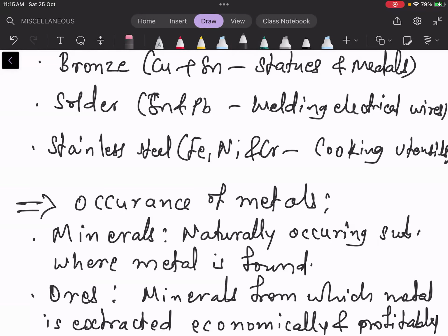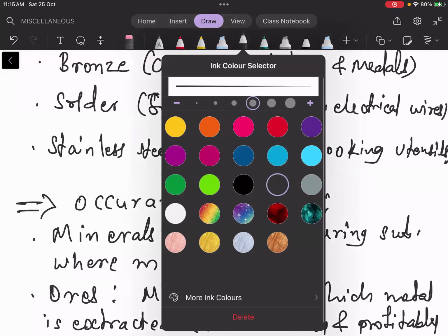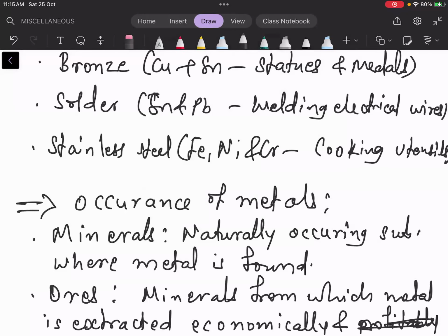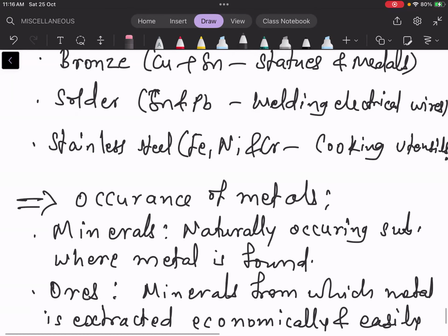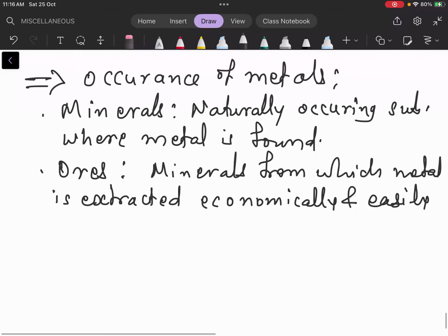Economically means with less cost. Profitably, economically and easily is one and the same thing, by putting less effort.